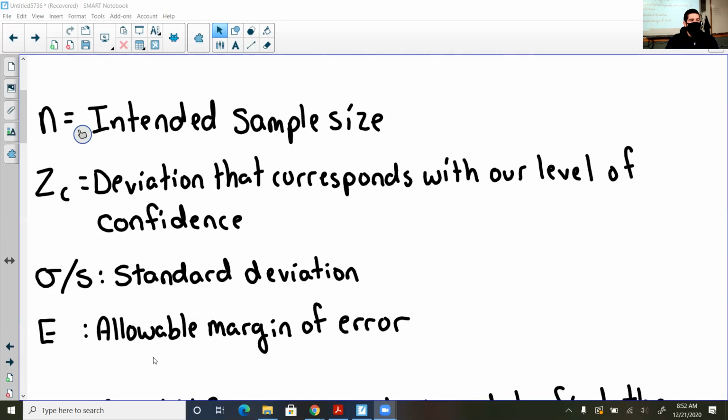E will be our allowable margin of error. So we get to decide, well, not you, but in general, the process would be you would decide how much error you're willing to have in your estimate, and then what sample size would be needed in order to obtain an X bar value that would be within that margin of error of our population mean.